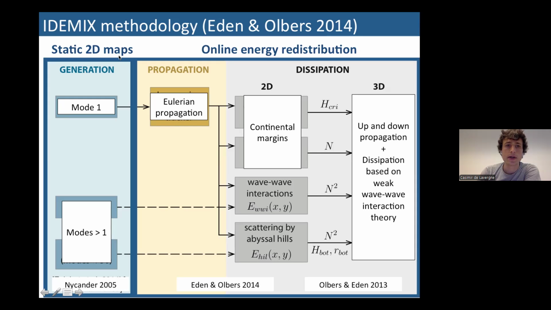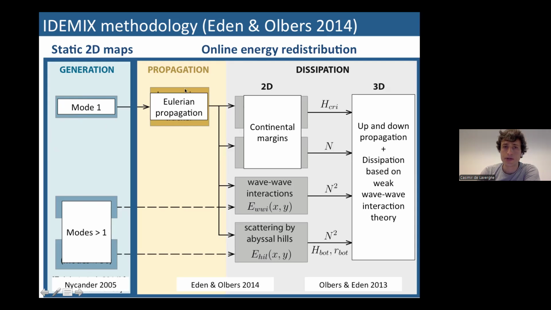Here it's only the generation which is static. So you have static 2D maps of generation, which you still have to read. And then the rest is done online. The generation was split between mode 1, which was considered to be the propagative part, and modes greater than 1 assumed to dissipate essentially locally.